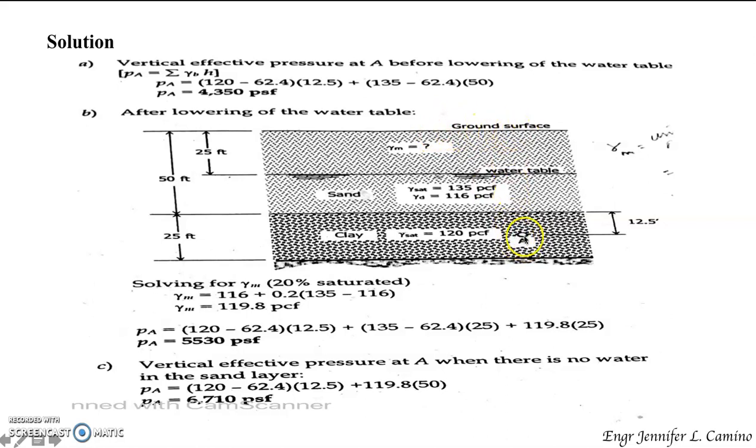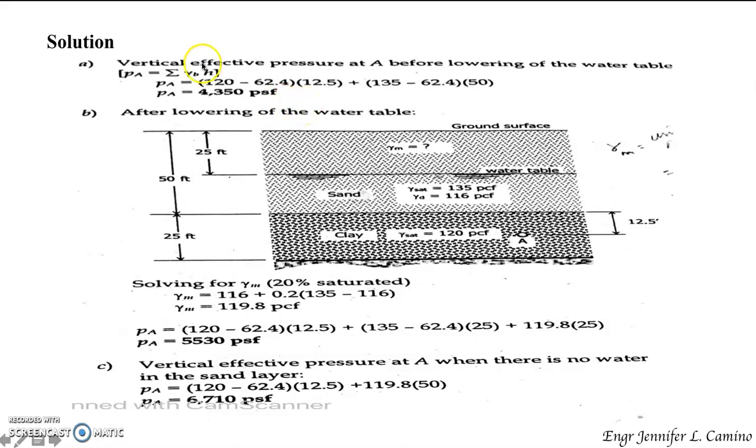At point A, at the mid-height of the clay layer, 12.5 times the quantity of 120 minus 62.4, that's the unit weight of the water, then plus 135 for this sandy type soil, subtracted by the unit weight of the water, 62.4, times 50, which is the height of this layer, so you get 4,350 pounds per square foot.